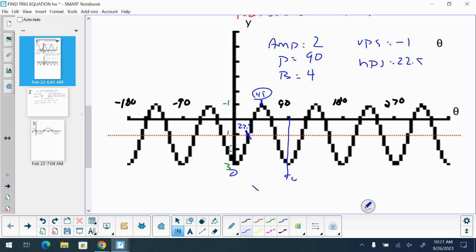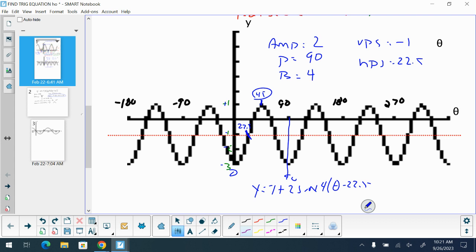So then you would have y is equal to what, if you use 22.5? Equal to 1 plus 2 sine 4 times theta minus 22.5. Can I say a negative with the 1 there? Because the vertical phase shift would be a negative, that should be a negative. Okay, if we use that, that is fine.